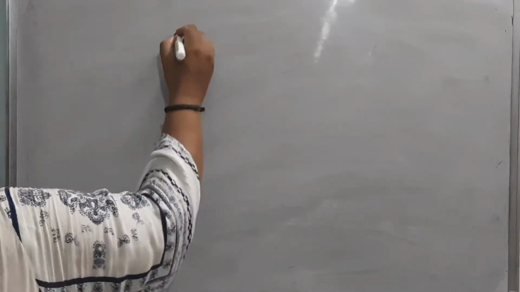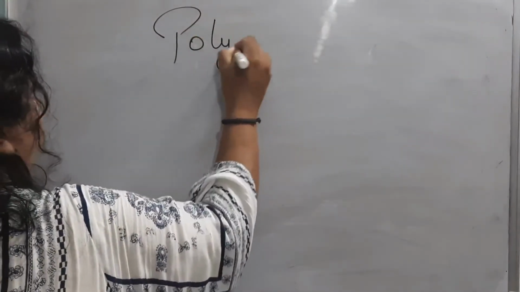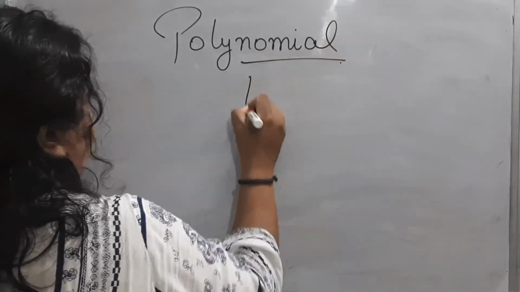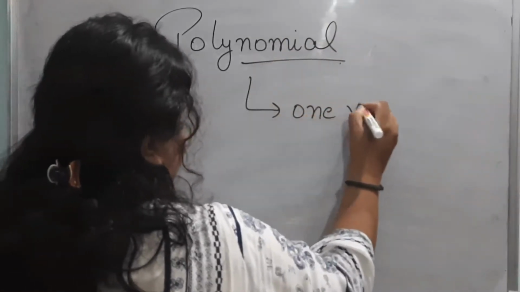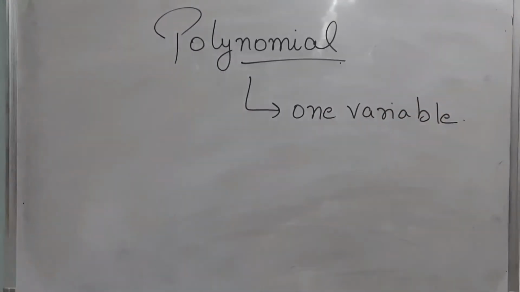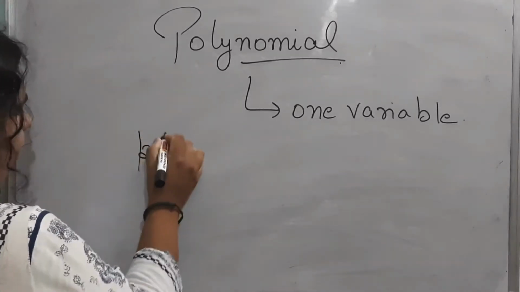Polynomials are basically an equation or expression that has only one variable. A one variable equation or one variable expression is known as a polynomial. So let's see some examples of polynomials.